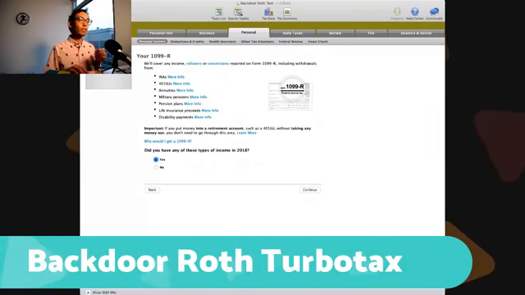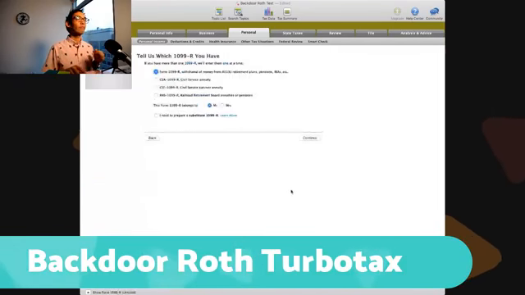Did you have any of these types of income? Yes. Then you have to specify that this 1099-R was a withdrawal of money from a retirement plan or an IRA right here. So the first button. We're going to do Mr. 39.6 first, then we'll do Mrs. after.